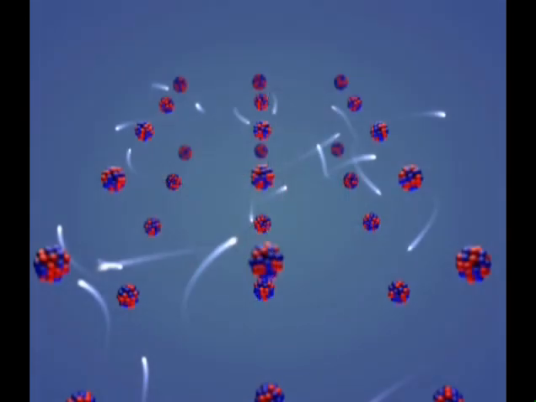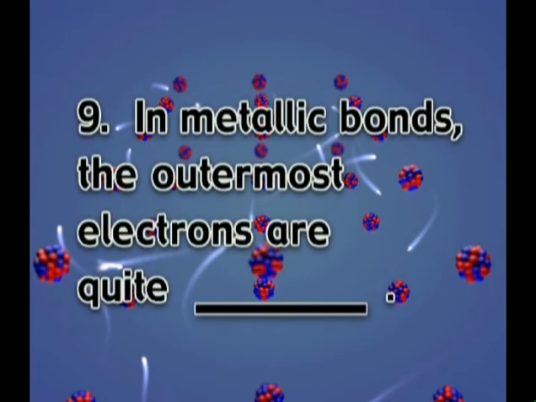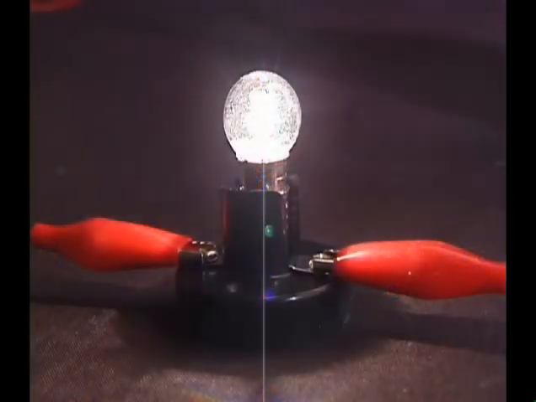Number 9. In metallic bonds, the outermost electrons are quite mobile. And number 10. Metals tend to be good conductors of electricity.